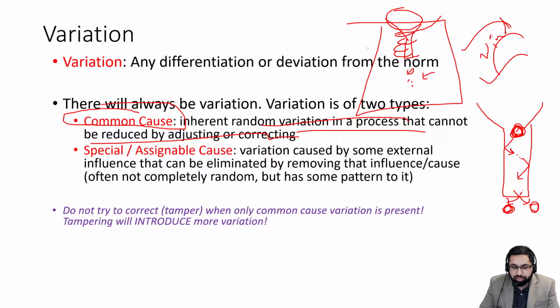Unless you change the whole system, you move the funnel closer, maybe make it a different funnel, things like that. Unless you do something like that, you're not going to get rid of common cause variation. Special cause variation has a cause which can be known, which can be investigated, found and removed. So special assignable cause variation is when you can find what is causing some problem and then remove that cause.